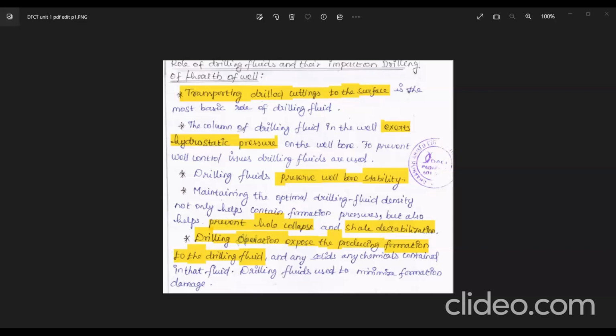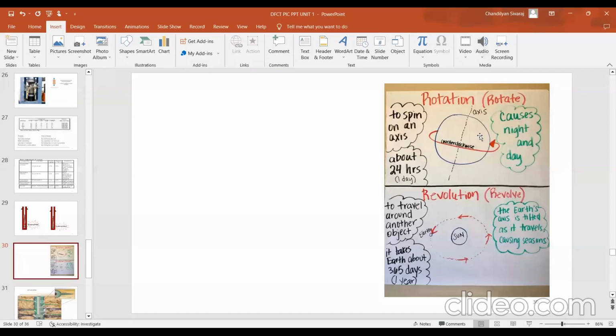The bit and the drilling string rotate at relatively high revolutions per minute. Here we have to come across two concepts: one is rotation and another one is revolution. For that, I put a picture here.